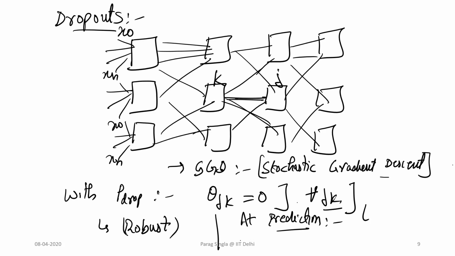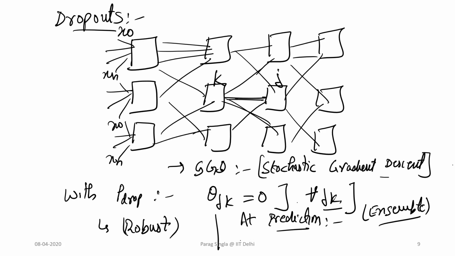And it can be shown that the dropout idea is equivalent, under some mathematical conditions, to learning an ensemble of models, right? But let's not go there. It's an advanced topic for the current class.